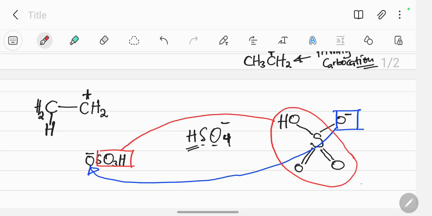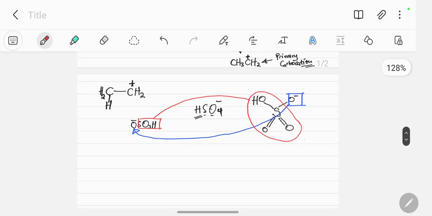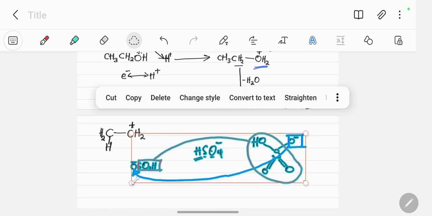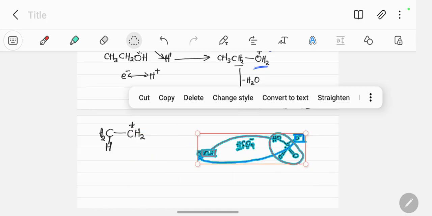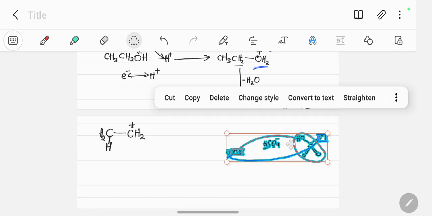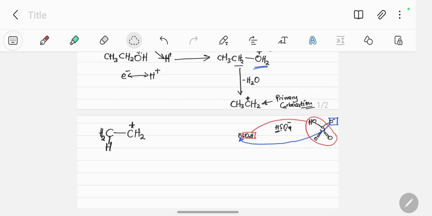I think I've tried to bring it out. Let me try to compress this. This explanation is good, so I don't want to rub it. I'm going to minimize it somewhere there, I'll put it in the corner there. That explanation is good, but it's not part of our mechanism.